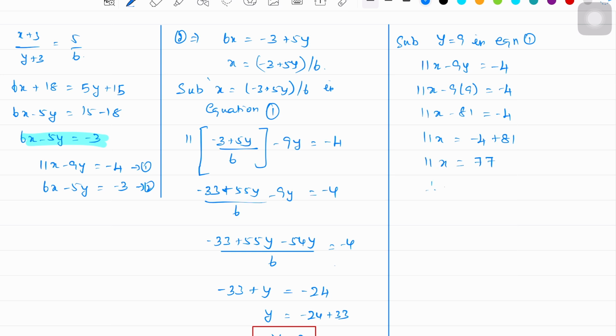Therefore x equals 77 over 11, which is equal to 7. Therefore x equals 7. So we've got the values of x and y.